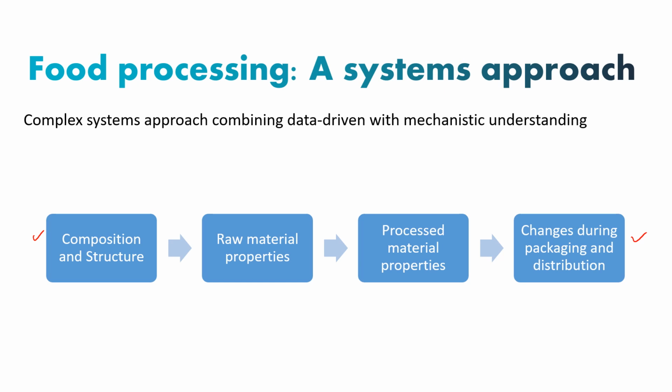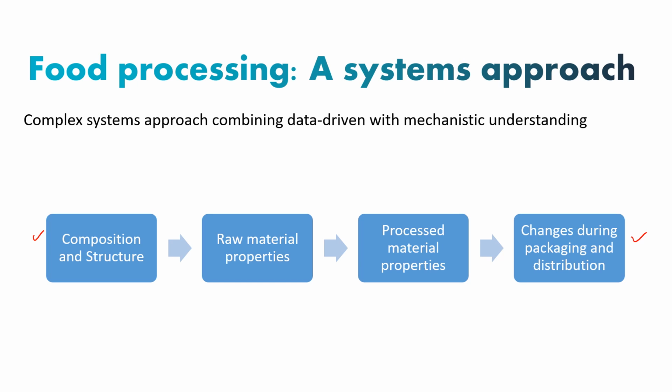So I want you to see that as food goes through these various stages, there is information available, or can be available, of two kinds.